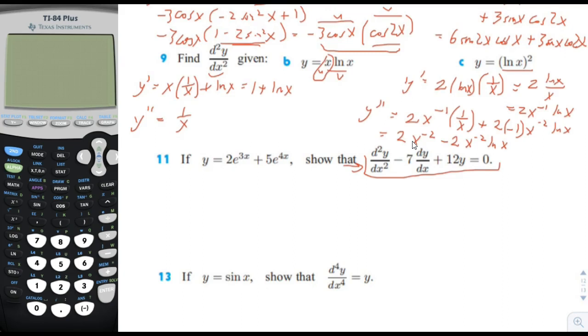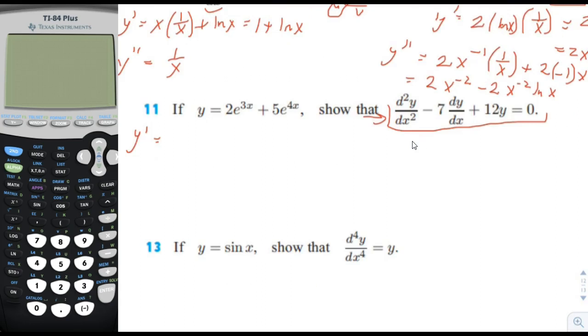So let's first take the first derivative of this, and we'll end up with 2 times e to the 3x. The derivative of e to the 3x is e to the 3x itself, times the chain rule of what's in the exponent. Chain rule, the derivative of 3x is 3. And then do the same thing with this.